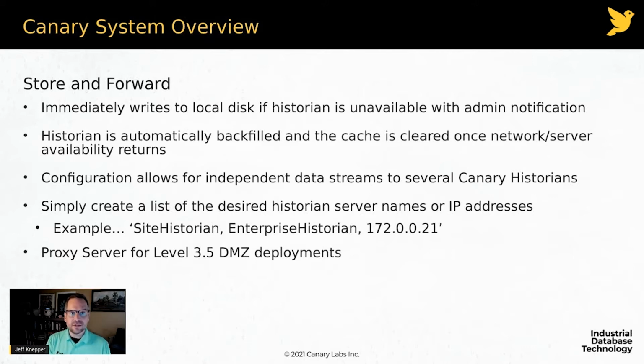Each of those historians gets its own independent data stream. So even if one of the networks is down, the other historian is still receiving data. Or if one of the servers is offline, the other server is still receiving its own independent data stream. Also to mention, for the larger complex corporate environments, for level 3.5 DMZs, we support a proxy server as well.